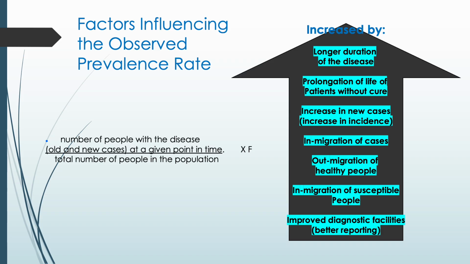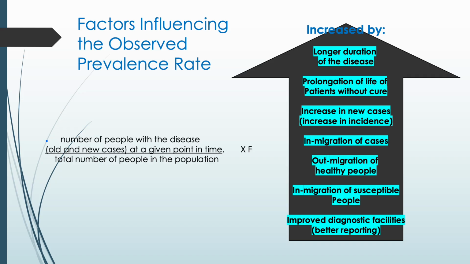So prevalence rate is increased by longer duration of the disease because it will increase the old cases. Prolongation of life of patients without cure will increase old cases. Of course, the in-migration of cases will increase the old and new cases.